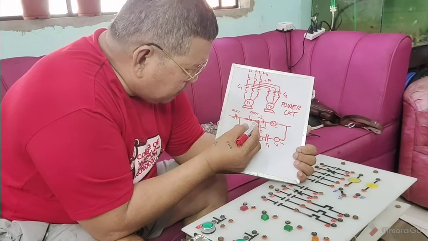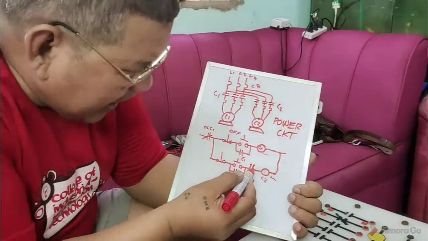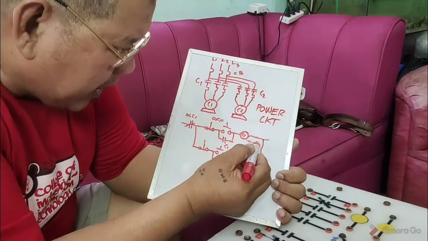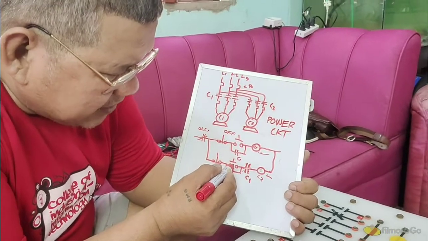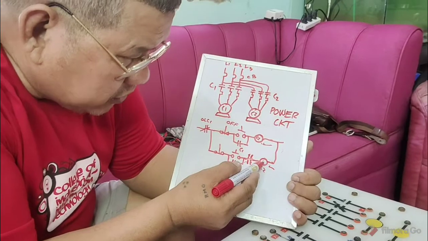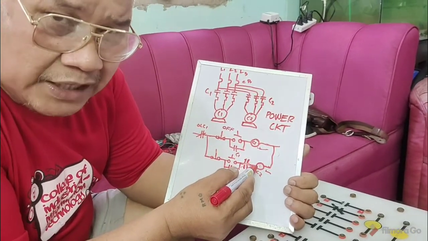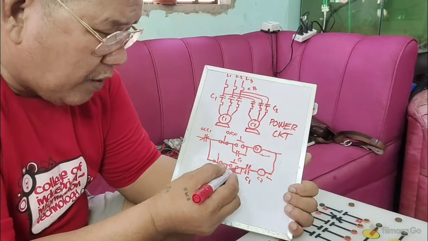If you press the button here, it energizes, this will close, then this will also close, then the motor is running, meaning conveyor number 1 is running. Then that's the time that you will press this button. When you press this button, of course, there is a complete path of current going to your magnetic coil for conveyor 2. Then both motors are now running.